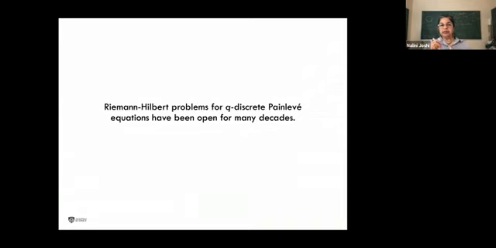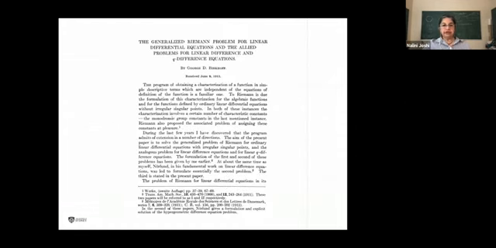And just recently we were able to make a little bit of progress in this direction, and I wanted to mention it before we stop. And that is to use Birkhoff's classical theory for Q difference equations to show that there is actually a solution for one of the Q discrete Painlevé equations.